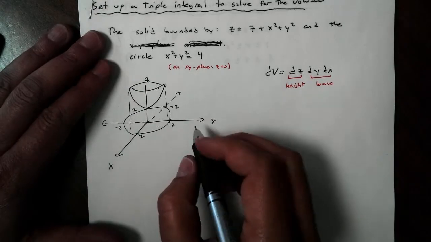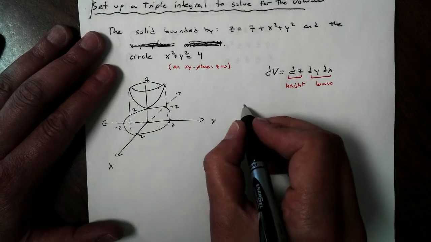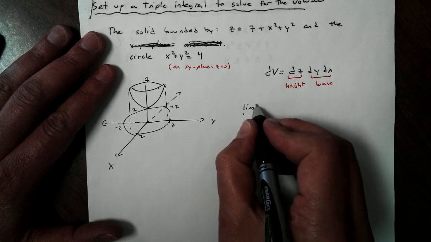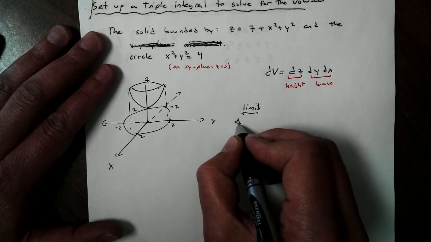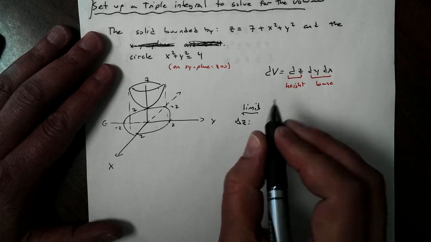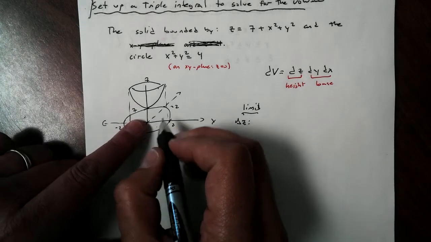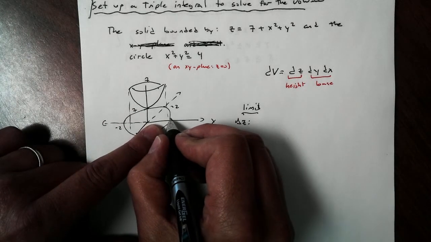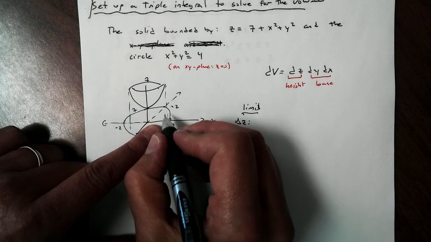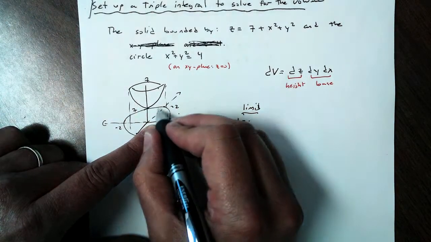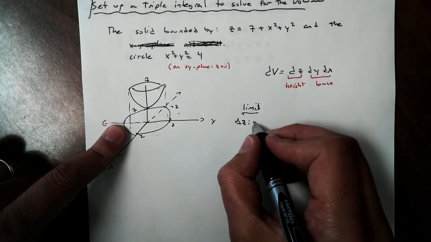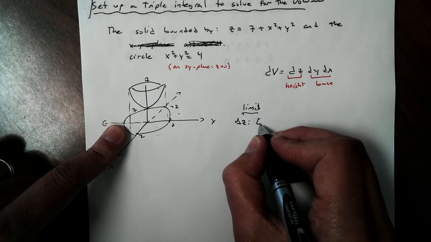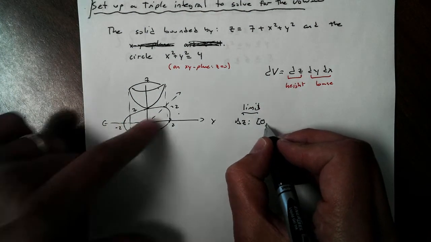So let's go ahead and set up our limits. To get the change in height, delta z, well, delta z starts at the bottom. That's going to be our circle, so z is going to be 0 because we're just on the circle right here. So the smallest my z value will be is 0.